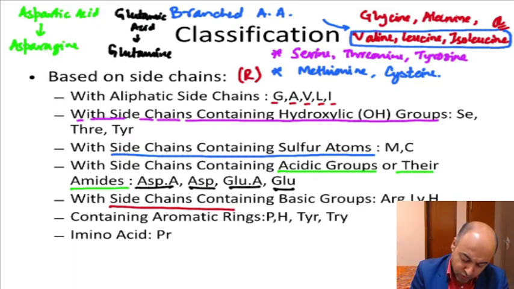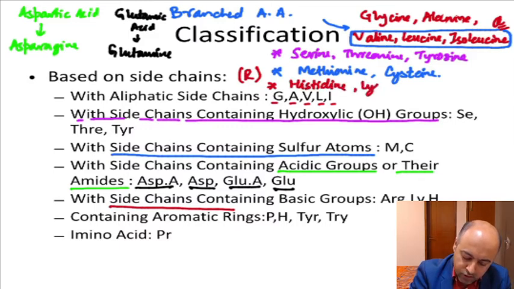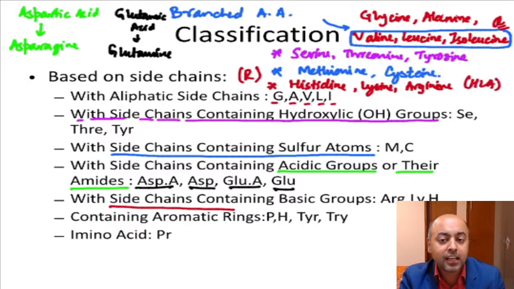So here what you have to remember, we have histidine, lysine and arginine. For this you can have the mnemonic HLA: histidine, lysine and arginine.